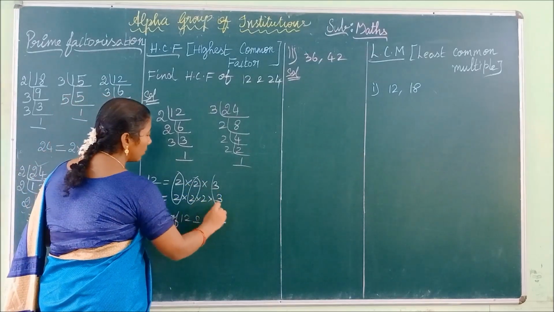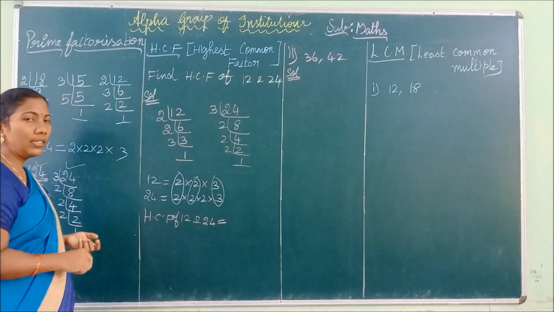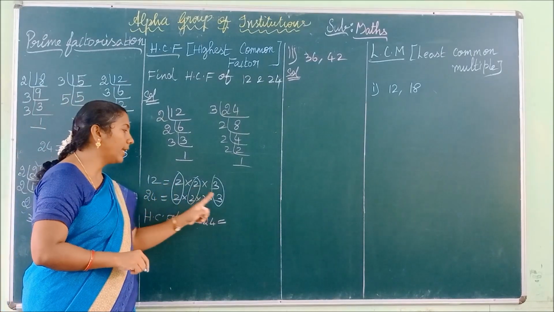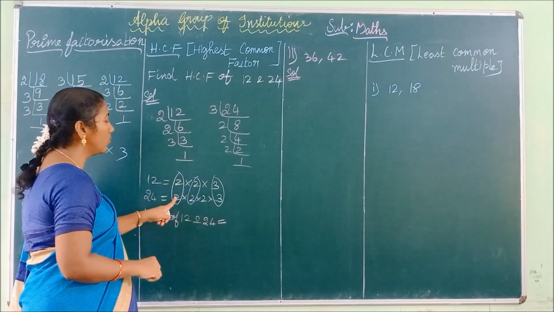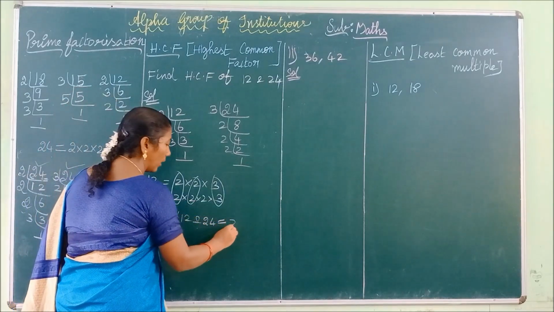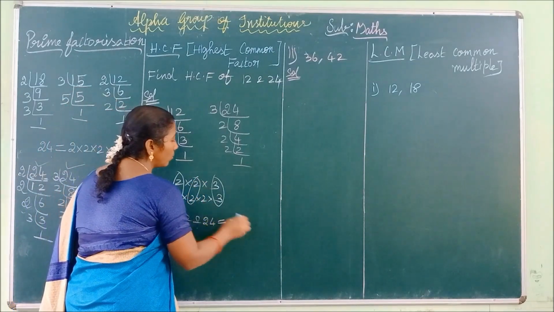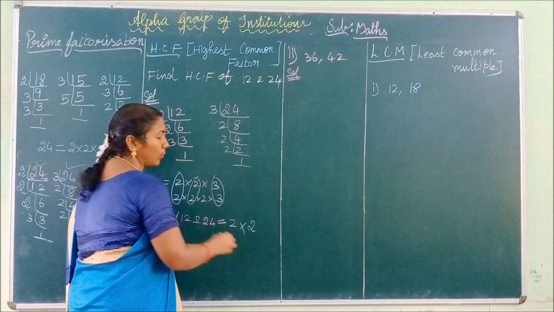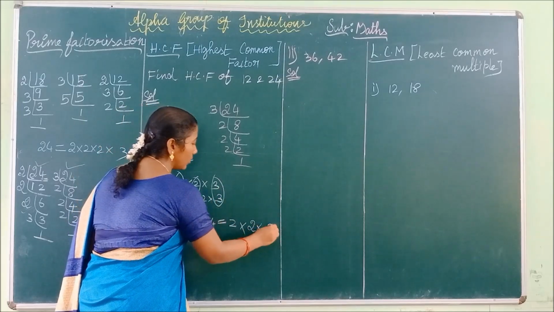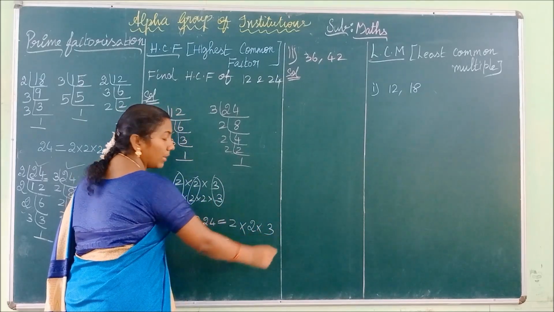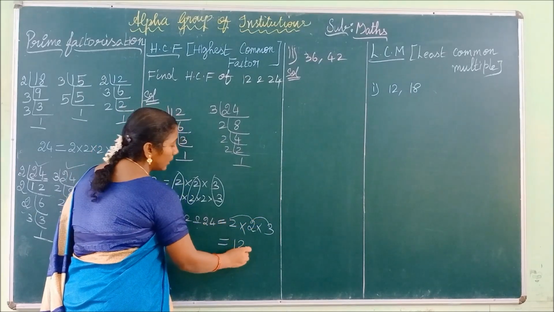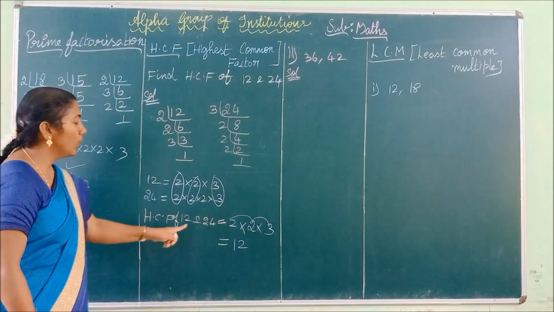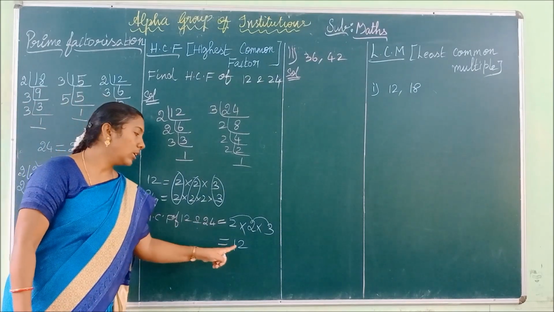So you have to circle it. And then you have to write the circled number here one time. For these 2s, here you have to write one time 2. Similarly for 3 also. And then you have to multiply these values. 2 2s are 4, 4 3s are 12. Thus, the HCF of 12 and 24 is 12.